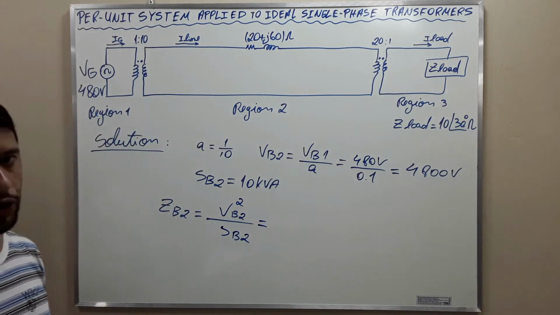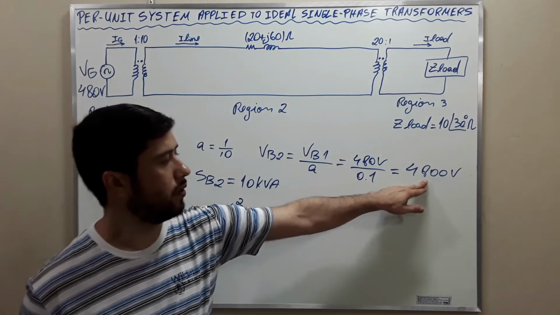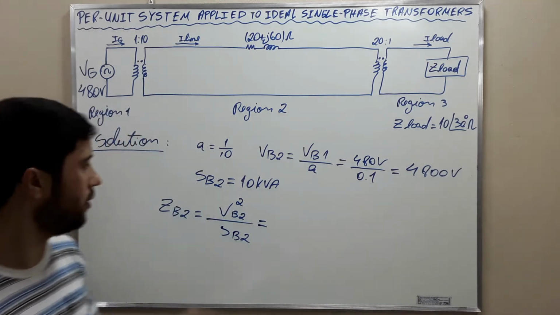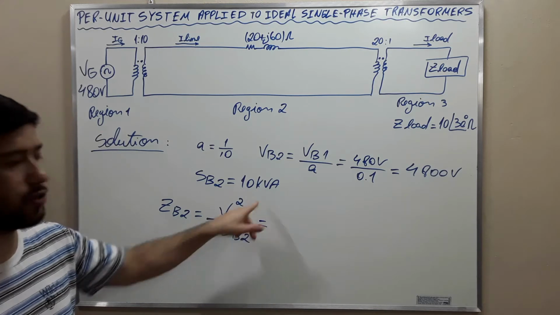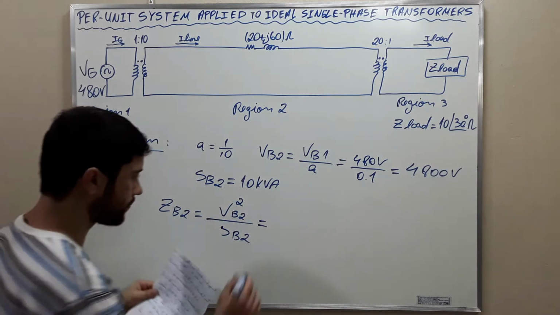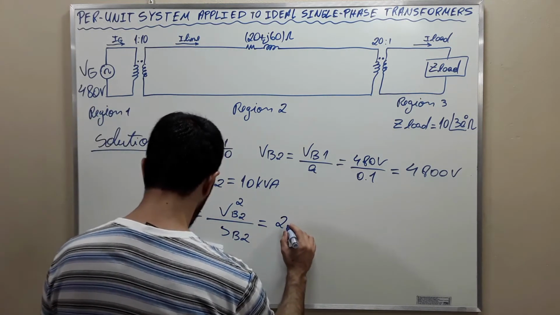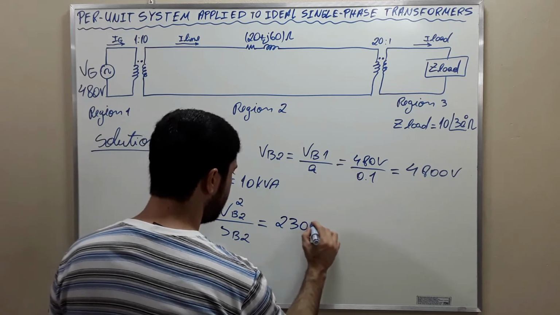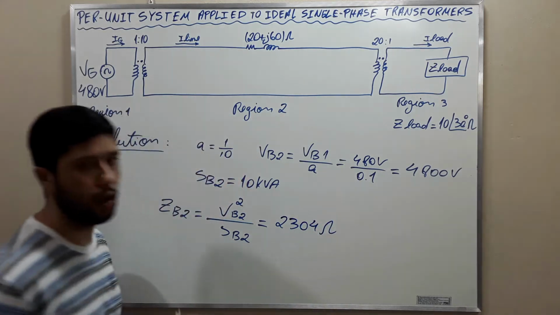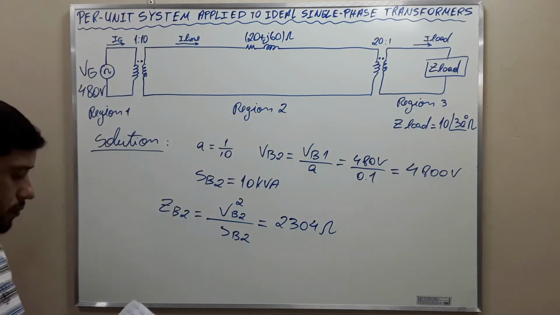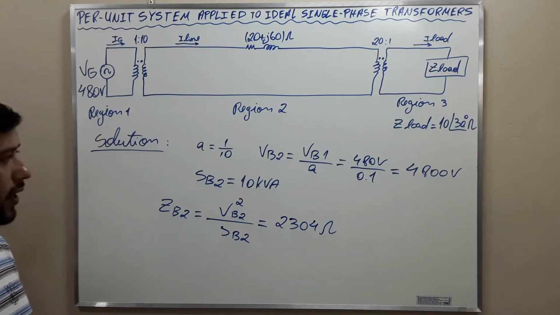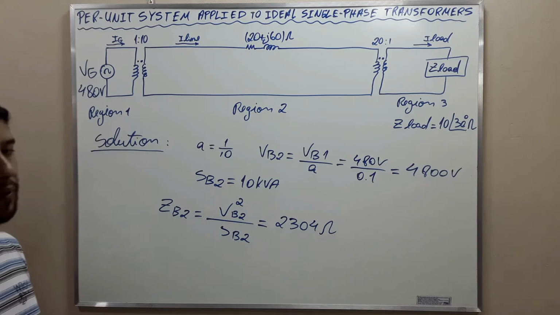We simply use the values, this squared divided by this, and we find 2,304 ohms. Okay, these are the base values for region 2.